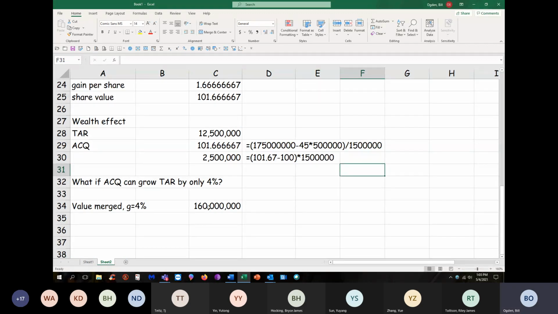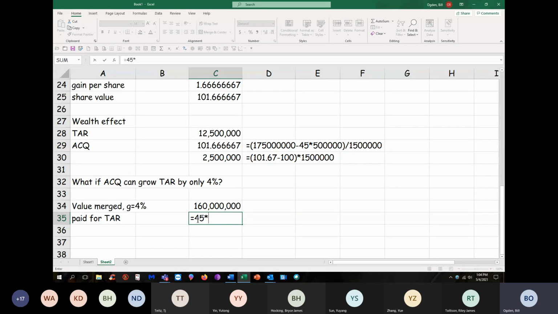So here's 160 million, and let's take out what we paid for TAR. It's the same offer, so we haven't changed that: $45 a share times 500,000 shares. That's the 22.5 million.